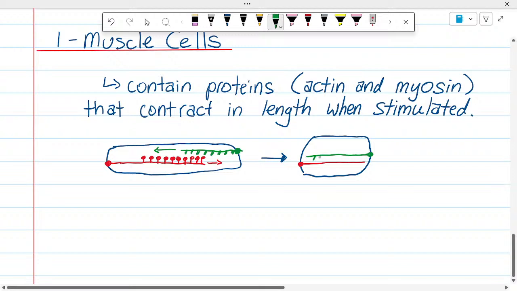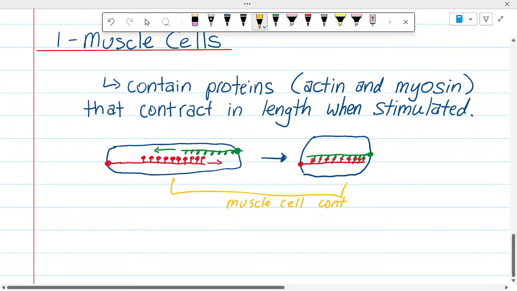And that is what happens when a muscle contracts. And then all that happens when the muscle relaxes is that process undoes itself. Does that make sense? This is the basic mechanism of muscle contraction.